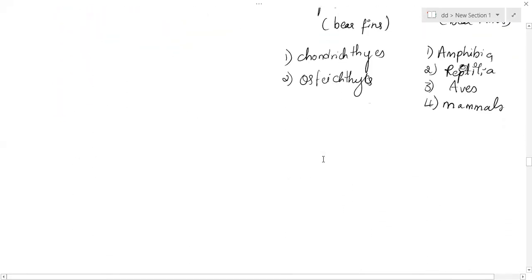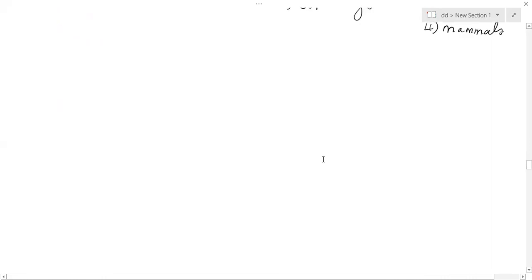So we'll study different characters in the individual subphyla like Urochordata, Cephalochordata, and Vertebrata. Okay. This is just a classification, but mainly we have three subphyla, right? Urochordata, Cephalochordata and Vertebrata.